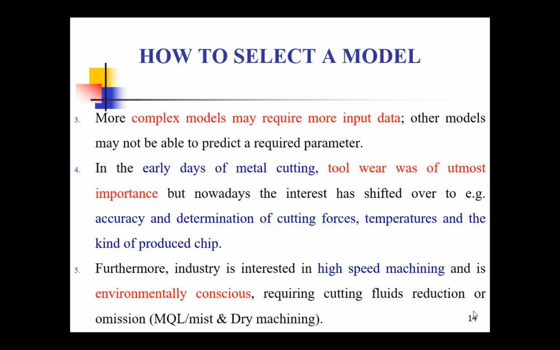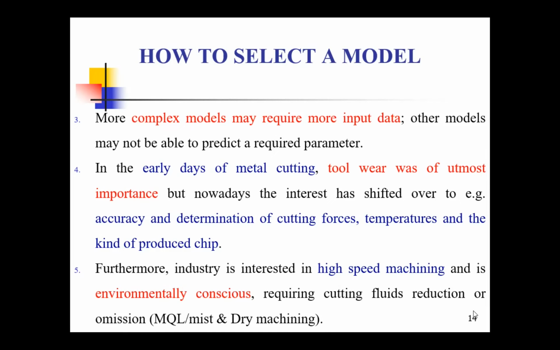So researchers are doing work on hot turning, hard turning, then comes cryogenic machining. So many works are being carried out nowadays. And apart from high-speed machining, researchers and scientists are also working on environmental consciousness, that is limiting the usage of cutting fluids.